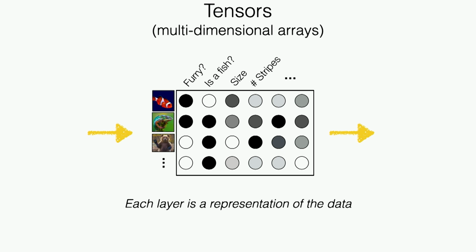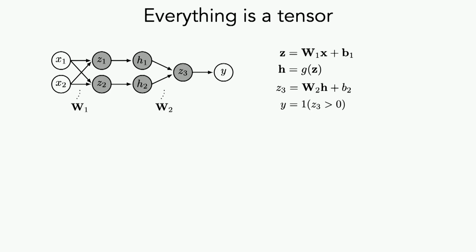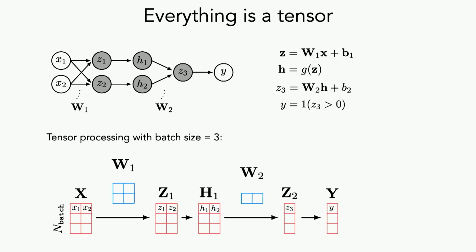Okay, we call this a tensor, and so when we get to the PyTorch at the end of this session, we'll see that PyTorch is all about just tensor processing. So everything is a tensor. Okay, we have our inputs, which are in this case just two numbers, not an image, and we have our batch dimension, which is, you know, we'll have a lot of data points. Each data point is two-dimensional, so data by number of features of the data.